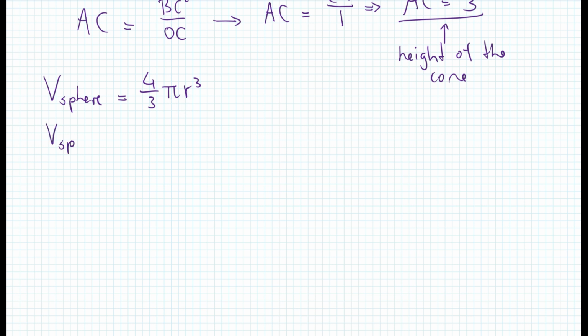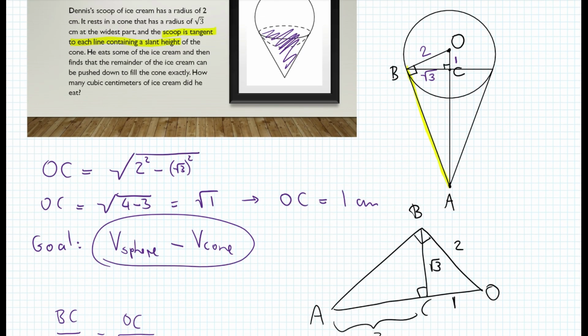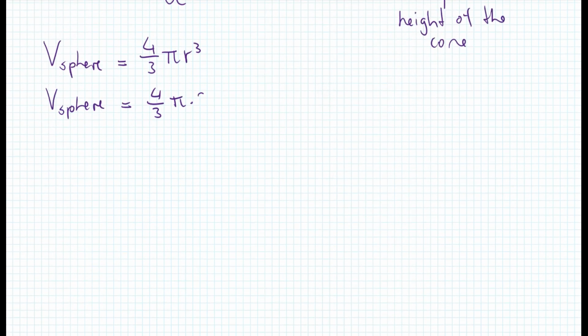Volume of a sphere is equal to 4/3 pi times, and we know from the problem that the radius of the sphere is 2. So we take 2 centimeters and cube it. If you do the math here, you should get a volume for the sphere equal to 32 pi over 3 centimeters cubed.